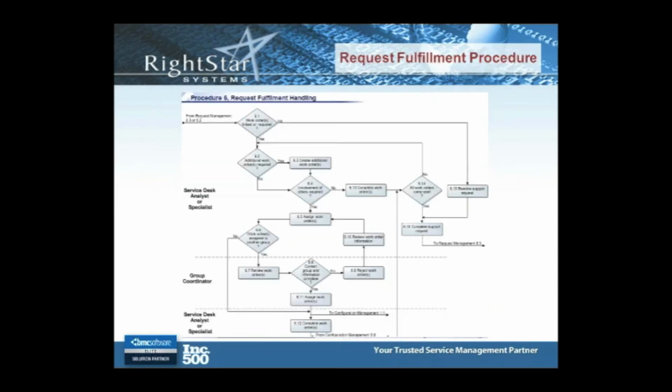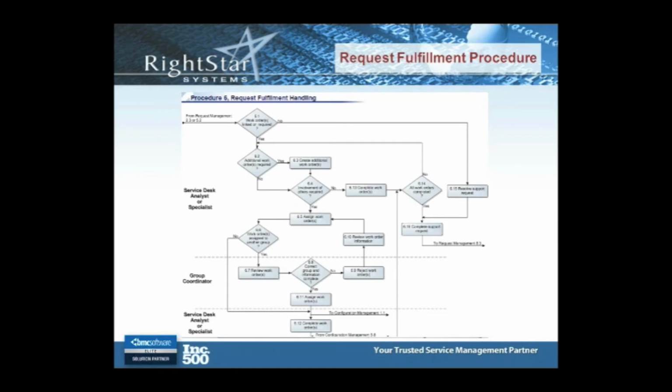Going back to the processes themselves, I mentioned that work orders can be linked to the support request. That is something that should be reserved explicitly for a support request that's categorized as request fulfillment. But I should also stress that not all request fulfillment support requests have to have a work order.